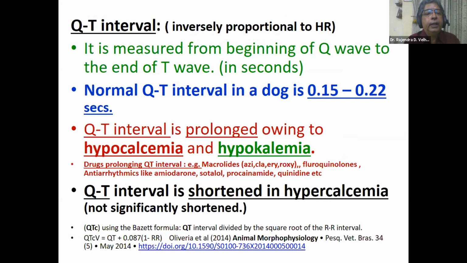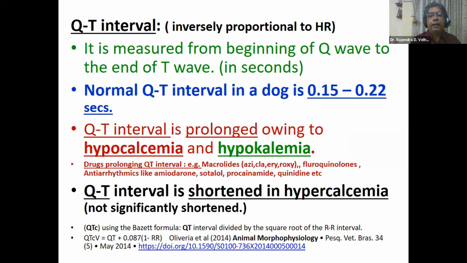Now we come to the QT interval, morphological alterations in the QT interval. QT interval only has a width, and normal QT interval in the dog is between 0.15 to 0.22 seconds. The QT interval is inversely proportional to the heart rate, and it is measured from beginning of the Q wave to the end of the T wave.